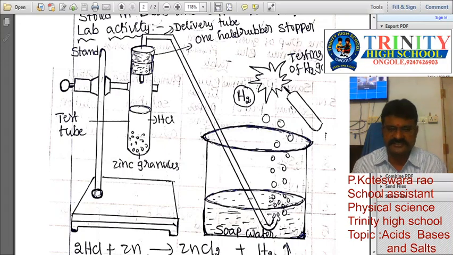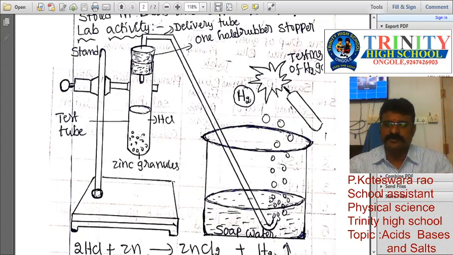Next stage is procedure. What is the procedure? Procedure is nothing but the main process involved here. Listen carefully. First of all, take zinc granules and add 10 ml of dilute HCl into the test tube.